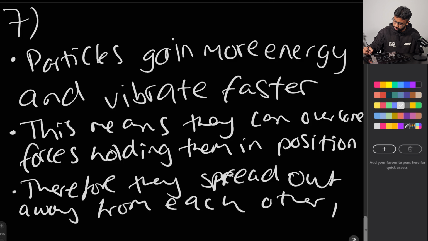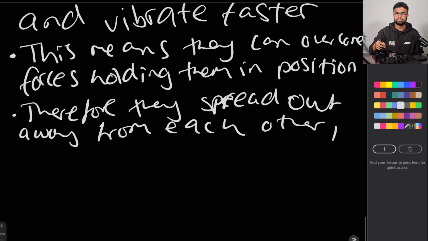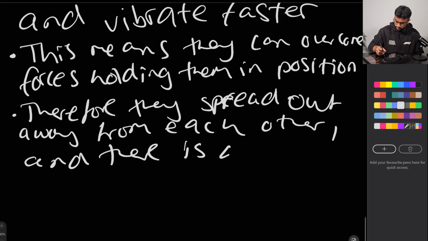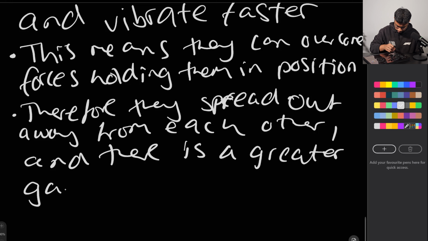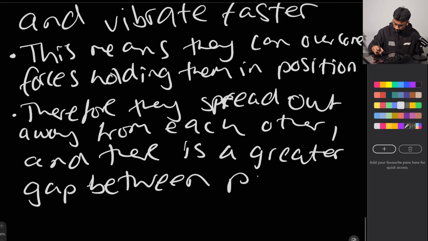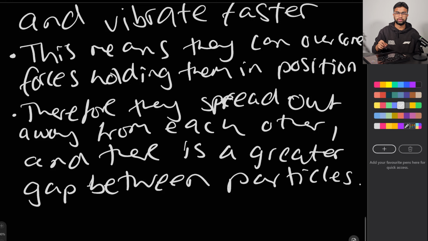And then just to make it extra clear that we know what we're talking about, spread out away from each other, and there is a greater gap between particles. And that's all you need to write for that question.